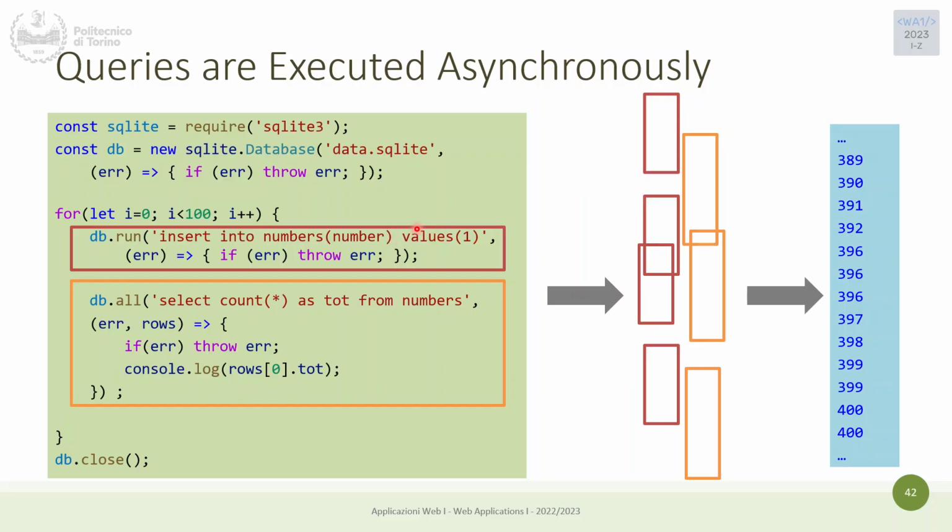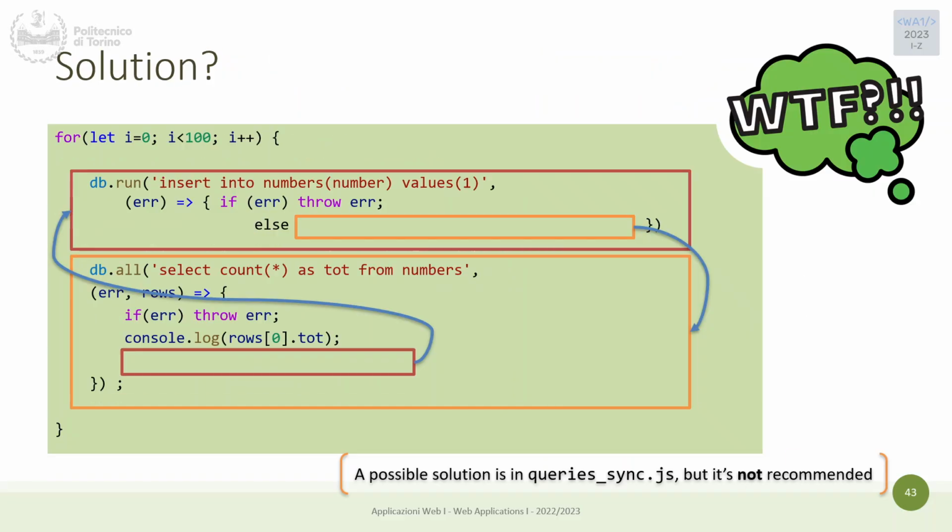But again, then we don't know when the db.run is executed again. So we should write something strange, because in the first query we need the content of the second one, and in the second one we need the code of the first one.